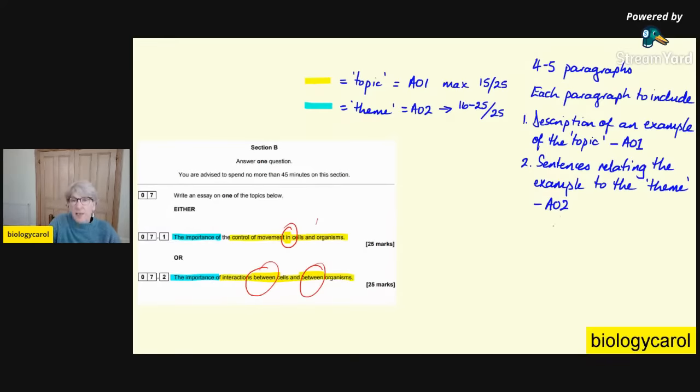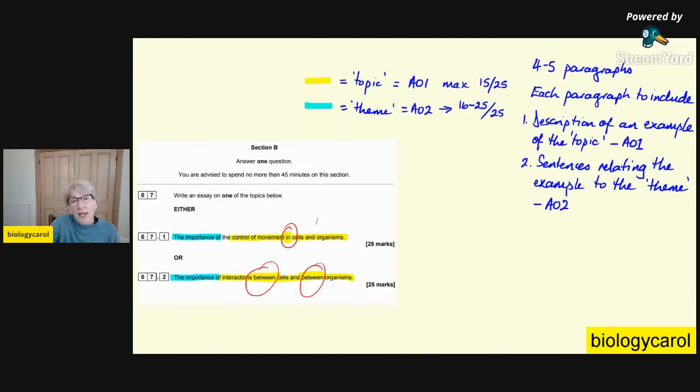Hope that's clear. So you can gain 15, notice the majority of the marks, 15 out of 25 of the marks, just by writing 4 or 5 different decent descriptions.